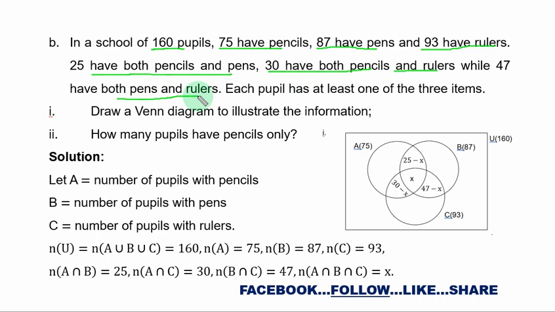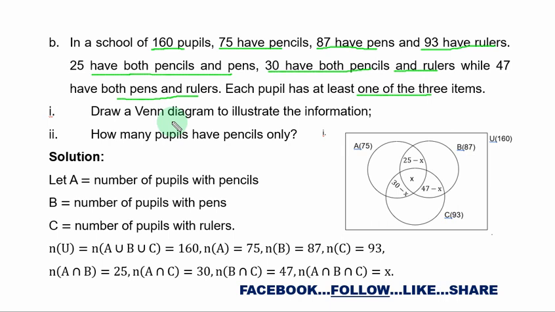Each pupil has at least one of the three items. Roman figure 1, draw a Venn diagram to illustrate the information. Roman figure 2, how many pupils have pencils only?